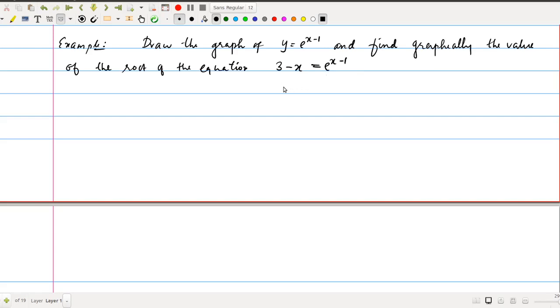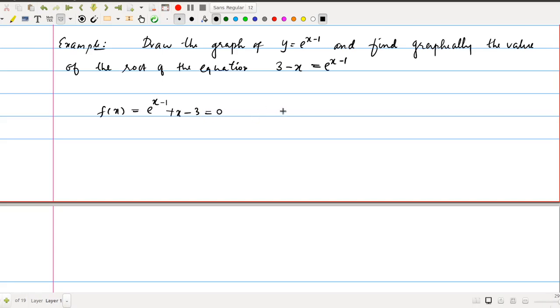Okay, so first of all you write this equation. If you are given a complicated equation, first you write this as a single function, that is, first of all you write this as e raised to x minus 1 plus x minus 3. So this is our equation equal to 0.